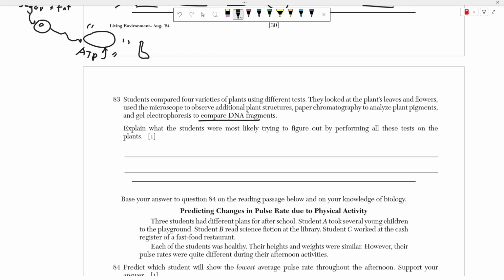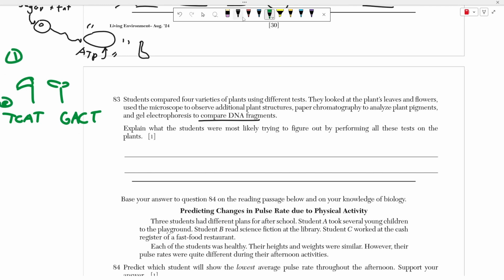So if you're comparing DNA fragments and you're also looking at plant structures, let's say this plant has this type of leaf, and this plant has two leaves that look like that. Are they related? And this plant has the DNA sequence of, like, T, C, A, T, and this one has G, A, C, T. Are these going to be related? No, they're not going to be closely related, right? Because number one, they look different. Number two, they have different DNA sequences.